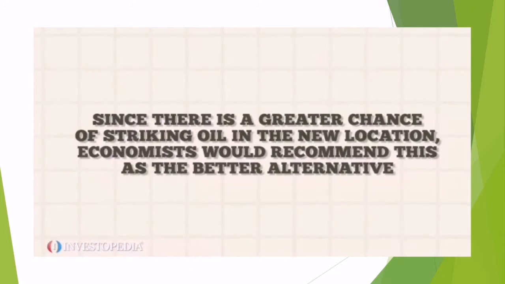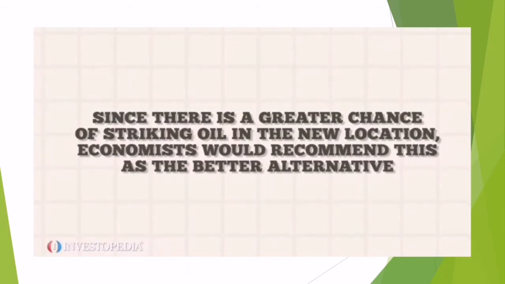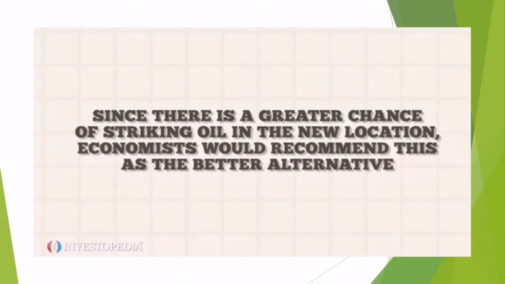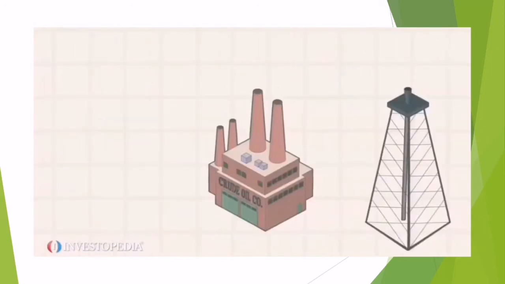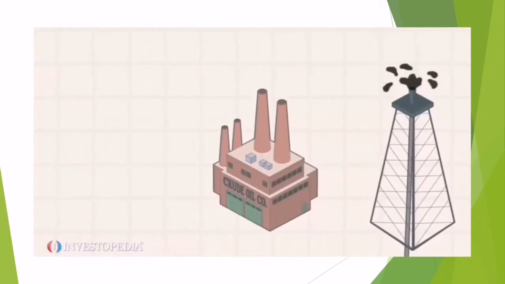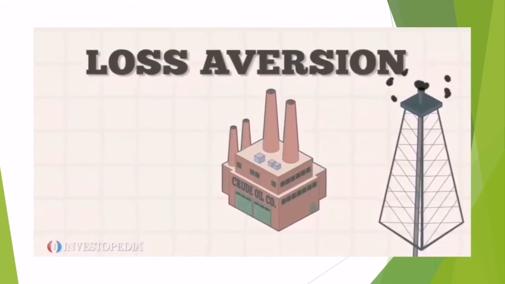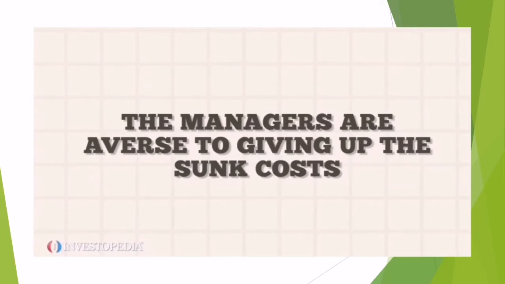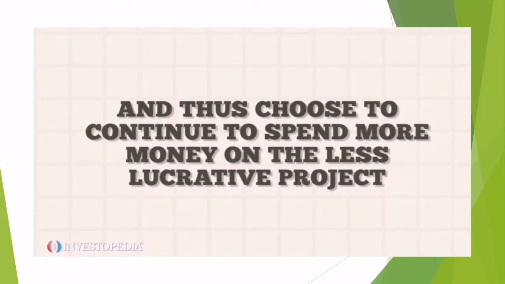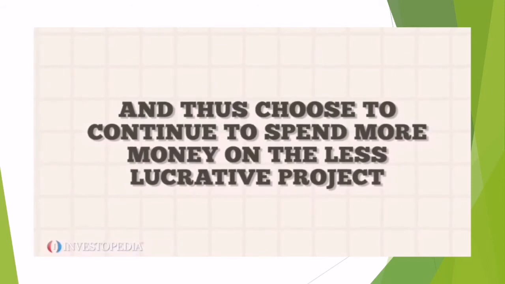Since there is a greater chance of striking oil in the new location, economists would recommend this as the better alternative. If Crude Oil managers choose to continue with the existing well, economists would refer to that decision as loss aversion. The managers are averse to giving up the sunk costs and thus choose to continue to spend more money on the less lucrative project.